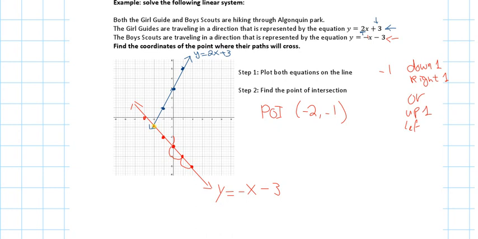It's very important to understand this. You either have to go down and right or up and left because it's negative. If it's positive, you go up and right or down and left, because two negatives make a positive.